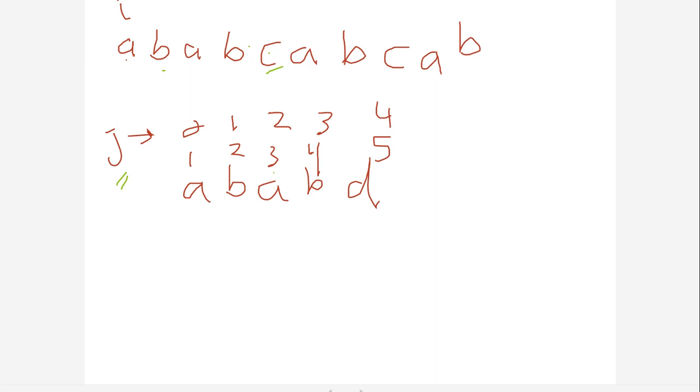But what controls this movement? What controls this movement is the function Fj. I take out the function: 0, 0, 1, 2, 0. This is the function Fj, sorry. And here is the pattern Pj.